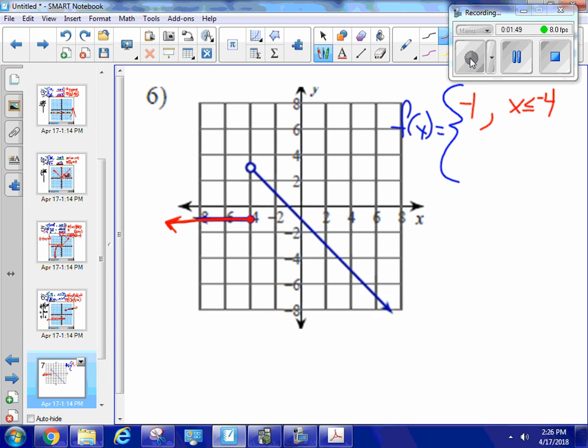That one's pretty straightforward. The next one, though, well, it's a line, so I know it's going to take the form of y equals mx plus b. And if you remember properly, m is the slope, and b is the y-intercept. So let's see if we can figure out the slope of this line right here.